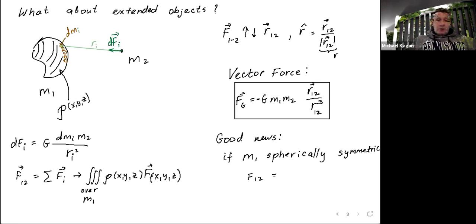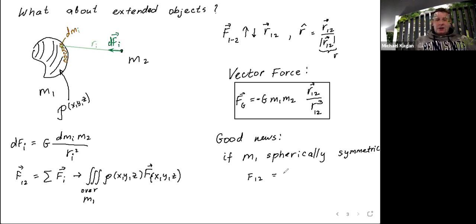So if M1 was a spherically symmetric object, it doesn't have to be uniform. Think of Earth, for example. Earth is not even spherically symmetric because it's squeezed on the poles, but if we ignore that, still Earth is not uniform because it has a relatively dense core, less dense mantle, and then crust. So it's not uniform. However, it's spherically symmetric because you rotate it anyway and it still looks the same.